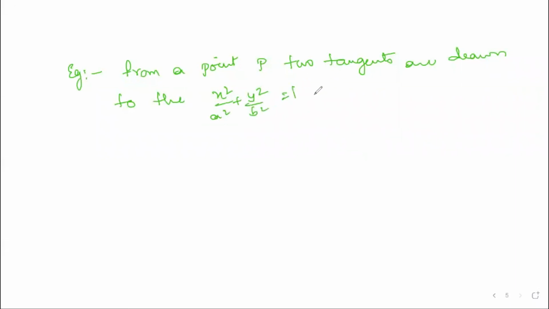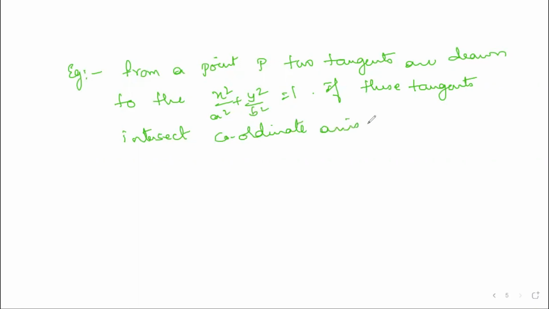If these tangents intersect the coordinate axes at concyclic points, find the locus of the point P.